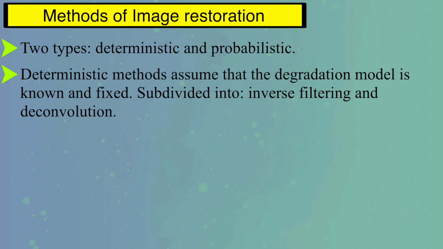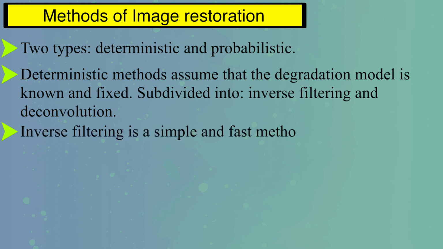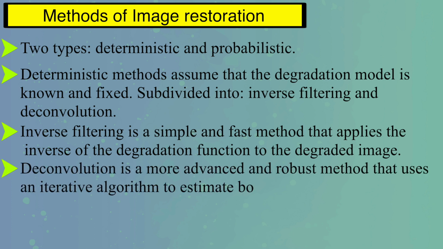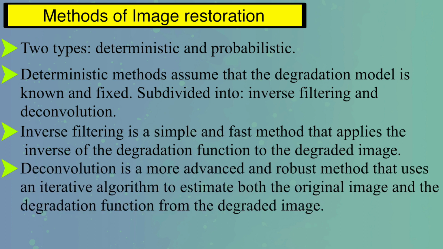There are two main categories of deterministic model: inverse filtering and deconvolution. Inverse filtering is a simple and fast method that applies the inverse of the degradation function to the degraded image. Deconvolution is a more advanced and robust method that uses iterative algorithms to estimate both the original image and the degradation function from the degraded image.